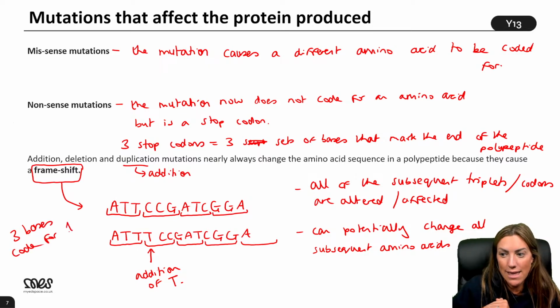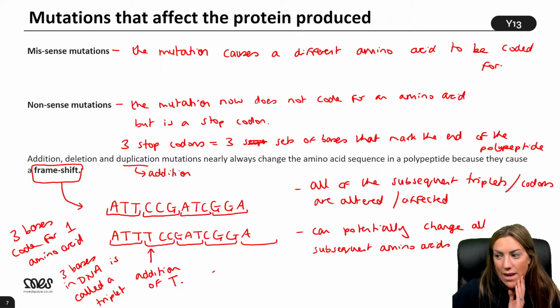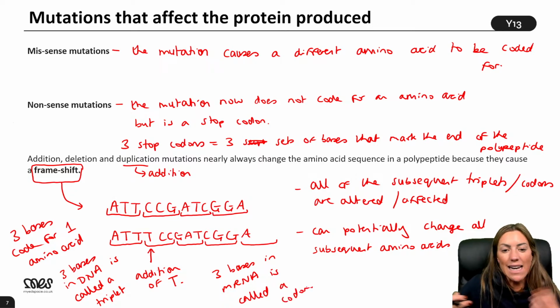So 3 bases code for 1 amino acid. 3 bases in DNA is called a triplet. And then 3 bases in mRNA is called a codon. I don't know if you realised the difference, but for A-level, we don't really mind.